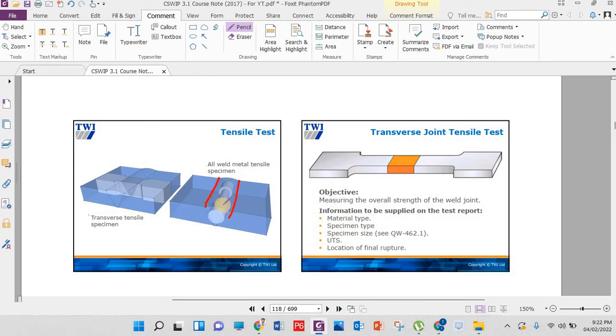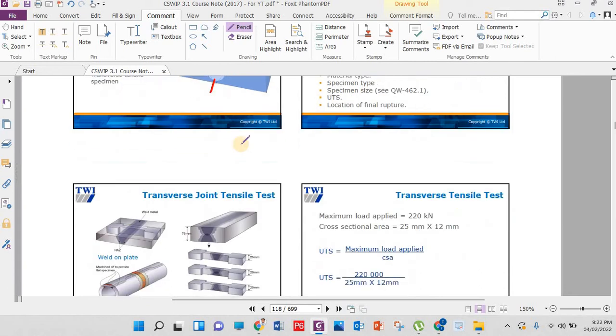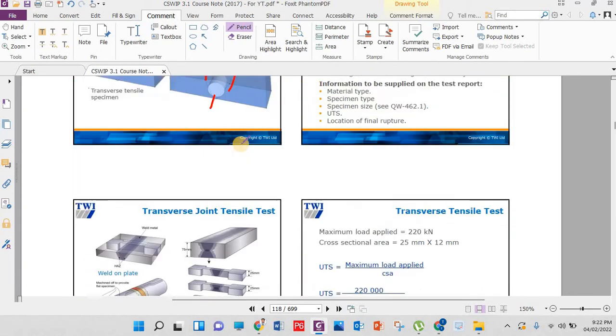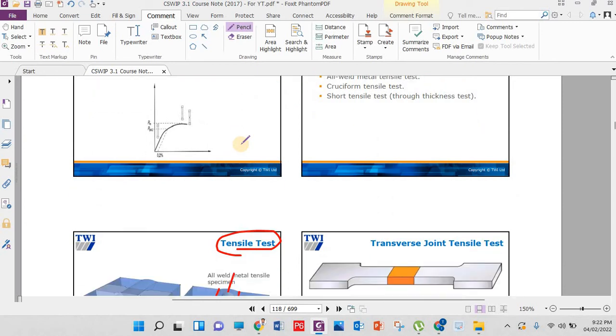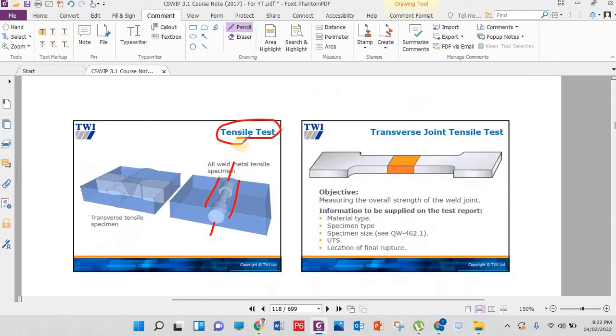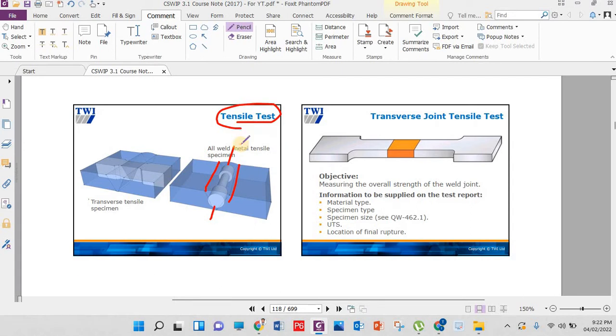If we extract the piece from the welding, along the welding, okay, means in the axis of the welding, this is the welding. If we extract the piece from the welding and do the tensile testing, it's known as an all weld metal tensile test, means we are extracting the specimen from the welding.